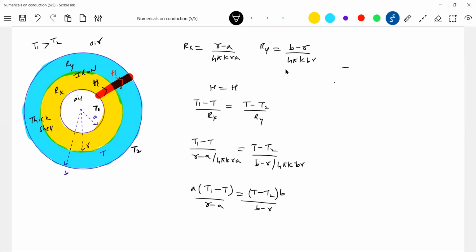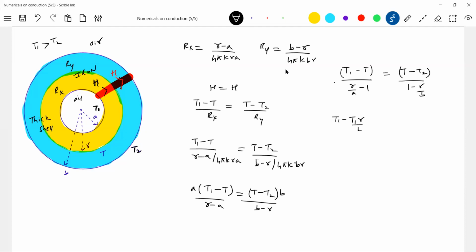So let me write it in another form. T1 minus T by R by A minus 1 equals T minus T2 by 1 minus R by B. Okay, now you simplify.